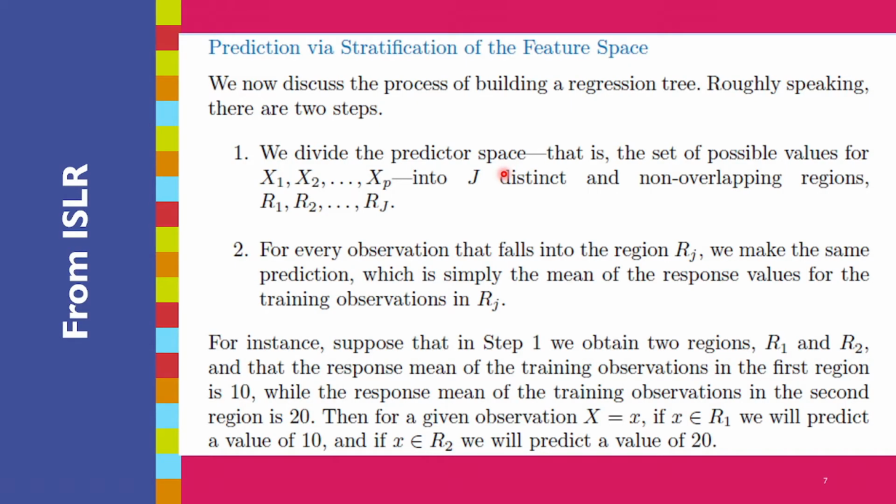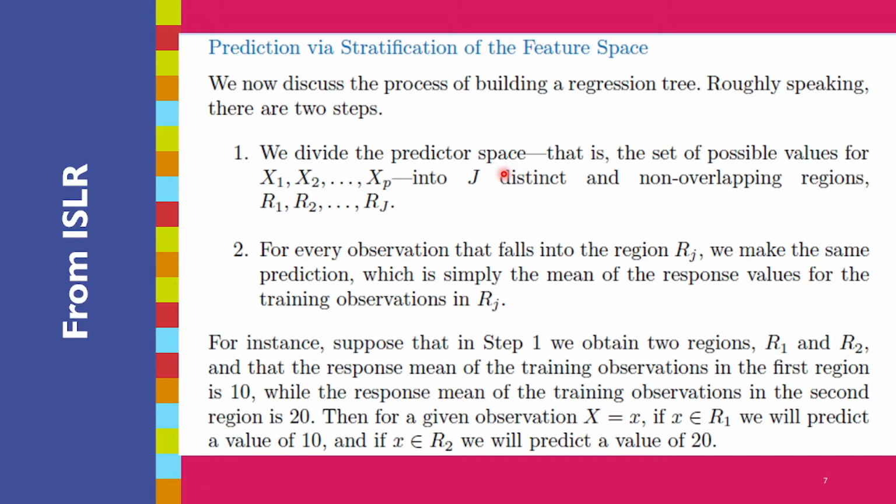Here I have taken from ISLR, the acknowledged book. It has two main steps. We divide the predictor space, that is the set of possible values for X1, X2 to Xp, into J distinct and non-overlapping regions.